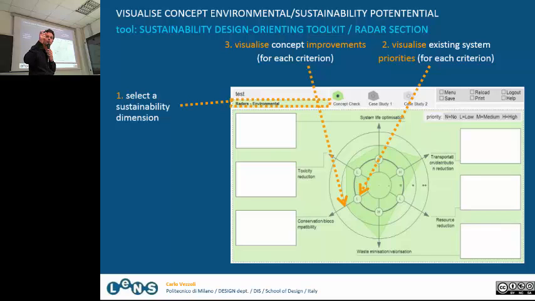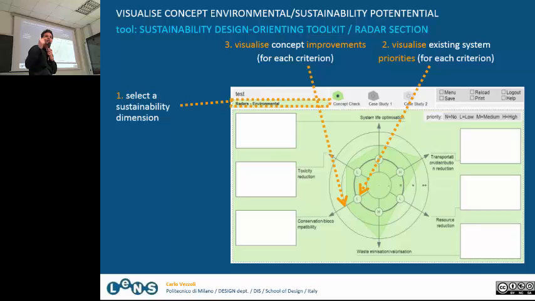Okay, so you compare how important it was to achieve improvement in relation to one criteria to the level of improvement that you have really achieved with your concept. So for example, if you look at transportation and reduction, you have a high priority and you have an incremental improvement. That is very good. Okay?